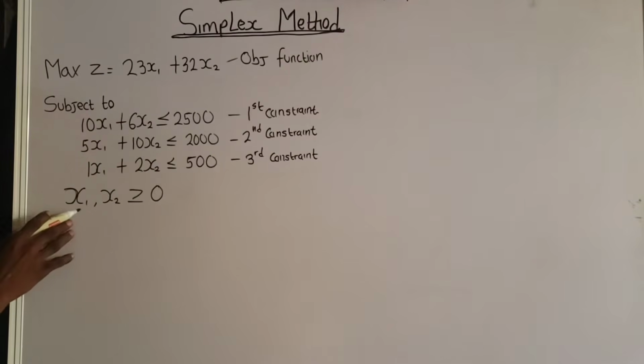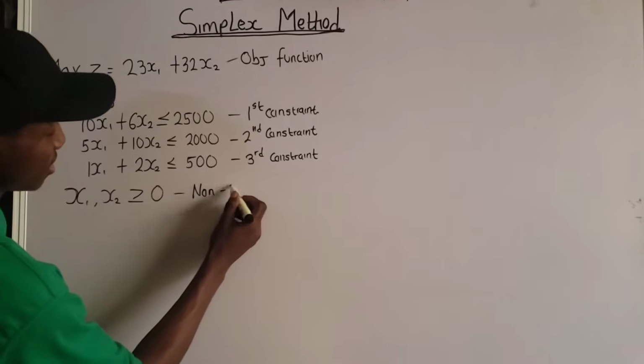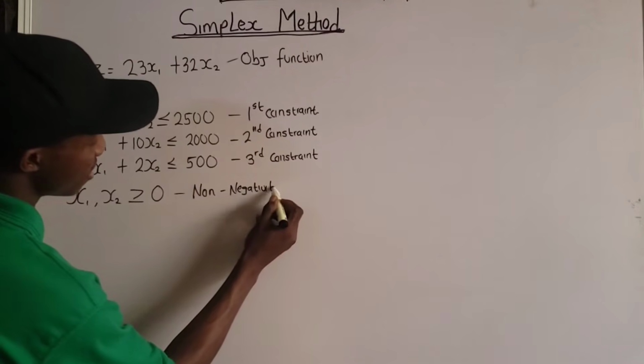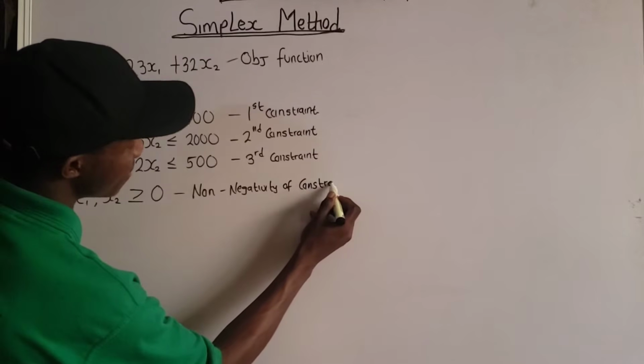So the meaning of x1, x2 is greater than or equals to 0 is that we cannot have a negative constraint. Let me put it, non-negativity of constraint. That is, the constraint cannot be negative.